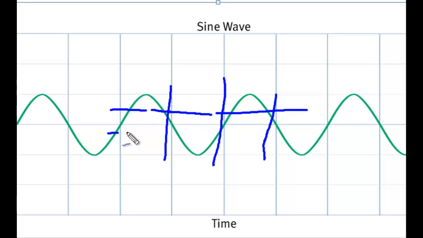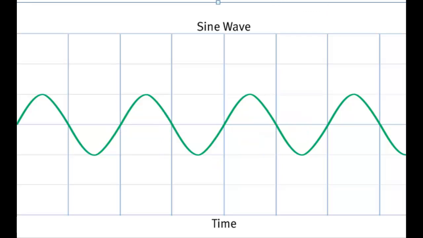Well, on a sine wave, it's pretty obvious that the inverse is not going to be a function. So what we do with the sine wave, because sometimes we need to look at the inverse, is we take a part of the sine wave and say within this part of the sine wave, the inverse is a function.